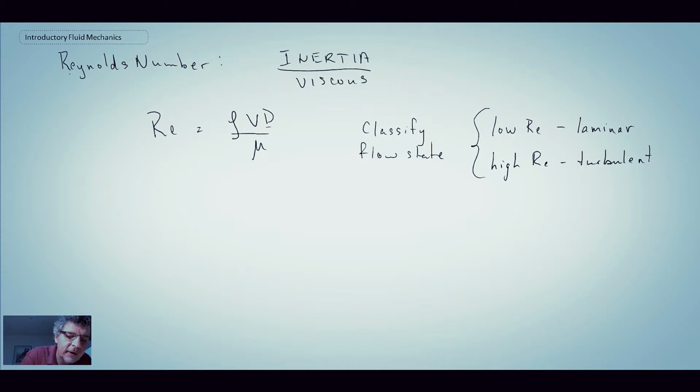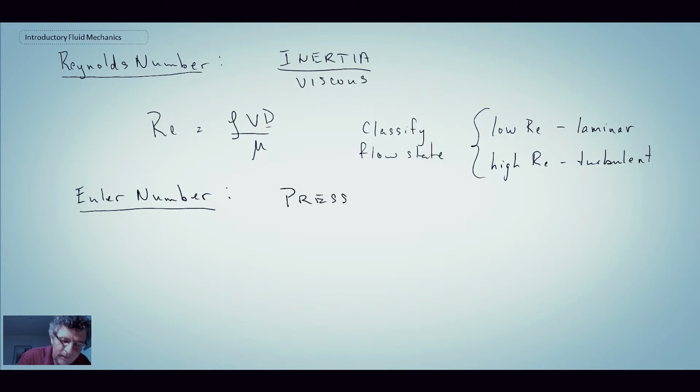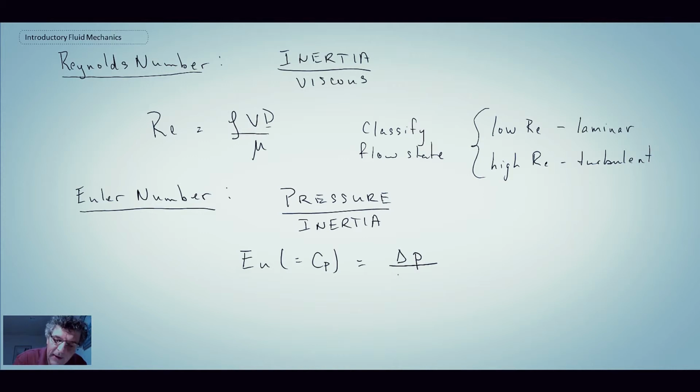Another one is the Euler number, although quite often it's referred to as the pressure coefficient. And this is the ratio of pressure forces to inertia. So the Euler number, Eu, although I never use that and it's very rare that I see it, is often represented as the pressure coefficient C sub P, and that would be our delta P divided by 1/2 rho V squared.